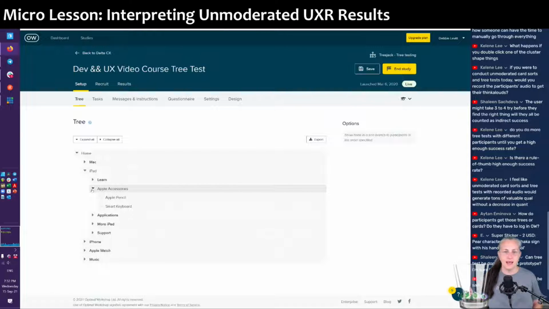So it's undesigned, it's naked, it's out of context, and it's just, can you find where on this site you would do this thing? So super question. It's not with a prototype or a web page. A tree test is just a naked thing. If you wanted to show people a web page or a prototype, you'd probably do the first click test, which I generally don't do.